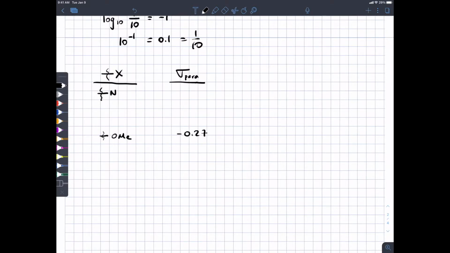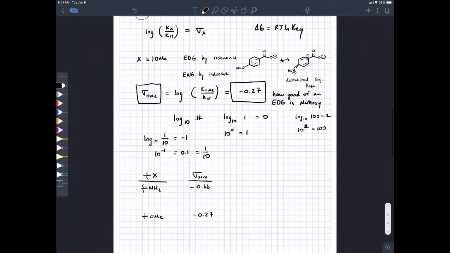For the amino group, so having the para-amino benzoic acid, that number is even more negative. Okay. Let's go back to what sigma means. That means the equilibrium constant here for amino is even smaller than the equilibrium constant for methoxy.